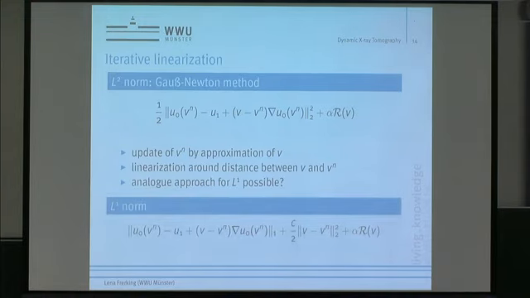We found that this functional here weakly converges towards the nonlinear optical flow constraint with the 1 norm. However, if we compare this functional with the one in the Gauss-Newton method, we see that we need an additional term, which we actually need to ensure the existence of solutions for this model.